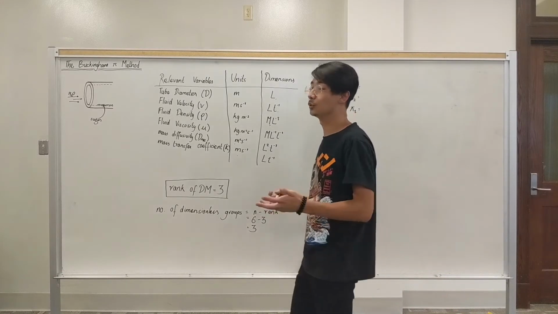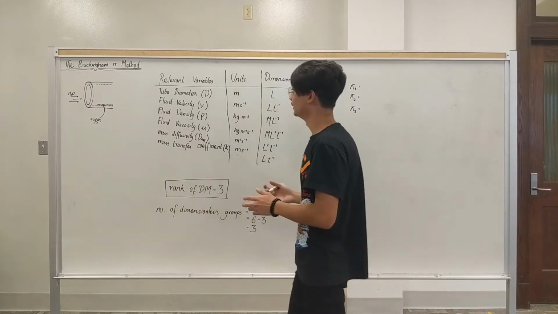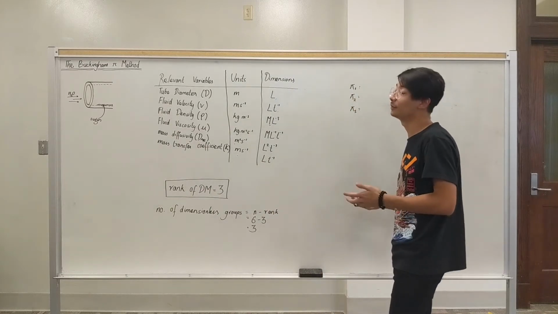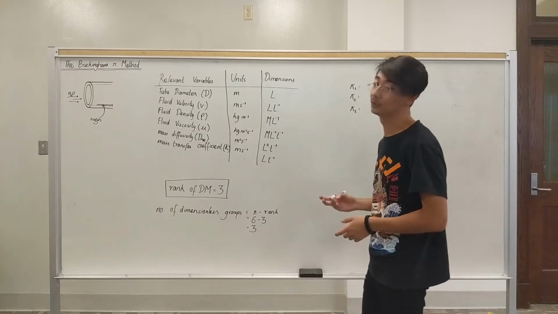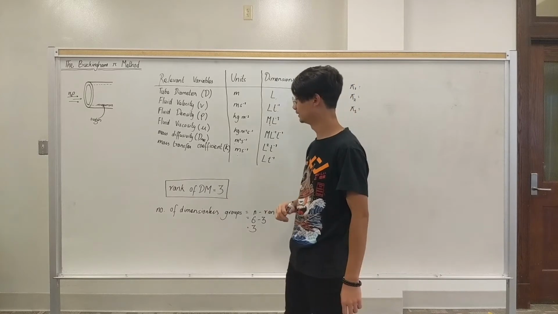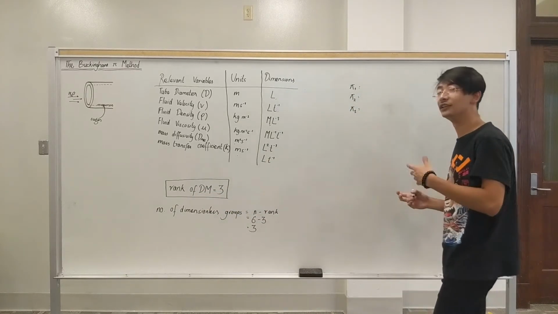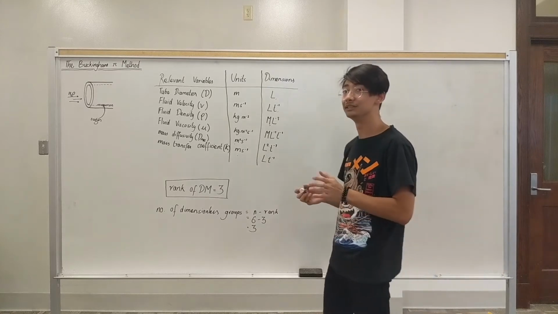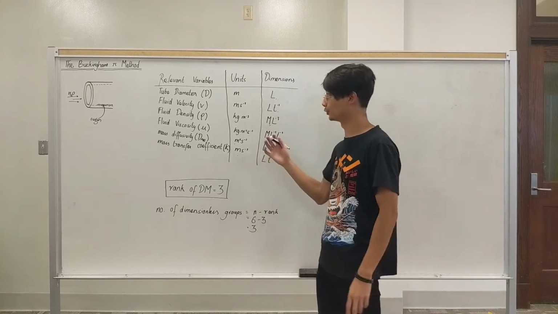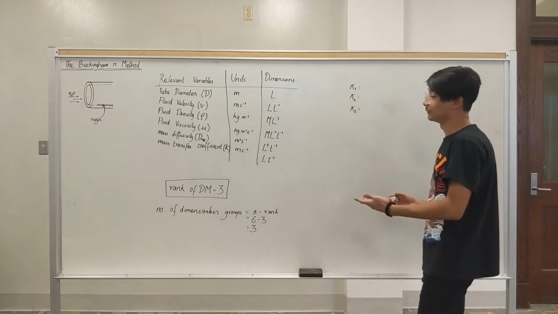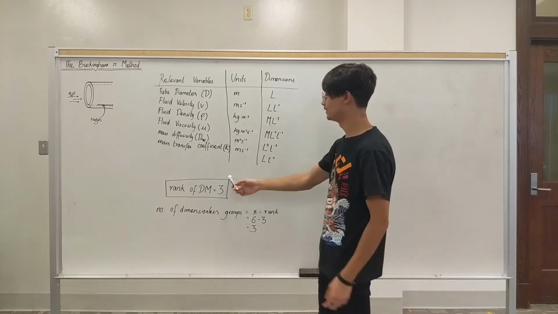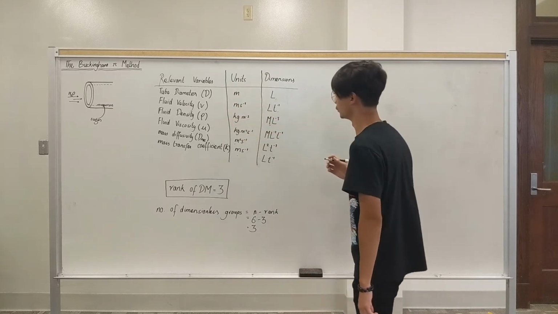So the question comes, if it's a group of variables, how many variables should we choose? Well, the answer's right here. Whatever the rank of our dimensional group is, that is the number of variables that would be present in our core group. So in this problem, we're going to have 3 variables present in our core group.